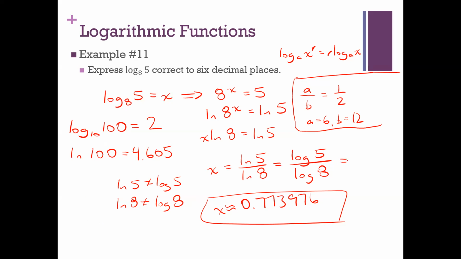So I think this is log base 8 of 5 over log base 8 of 8. Let's think about it this way. Log base 8 of 5, the numerator, that's hard to simplify.